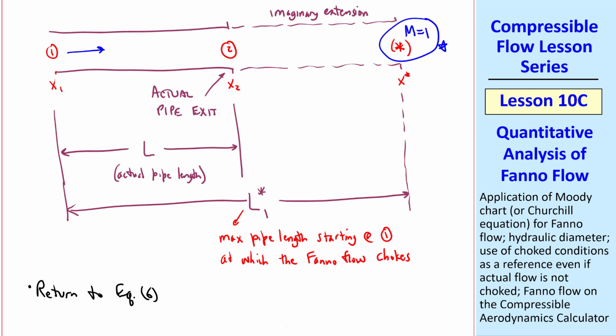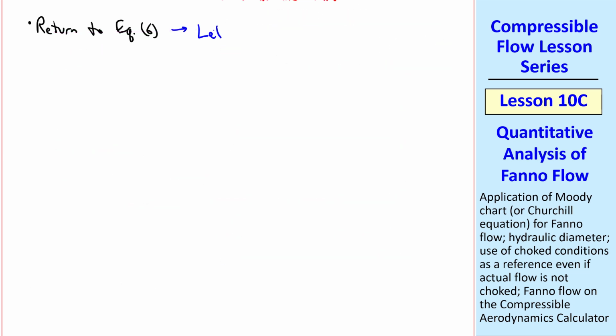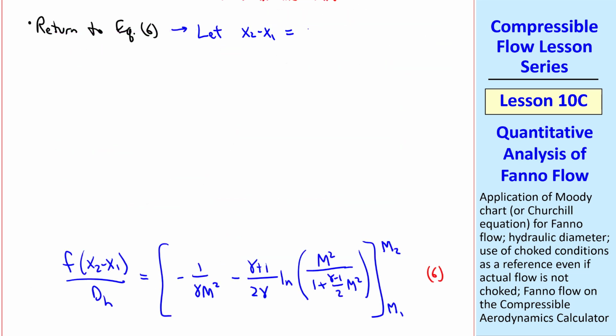Now let's return to equation 6 and imagine that we have this extension with total pipe length L1 star. What we'll do is let x2 minus x1 equal the maximum pipe length L1 star where we get critical conditions. We'll also let M2 in that equation equal 1, since what we're doing is setting state 2 to the critical conditions, where Mach number is 1.